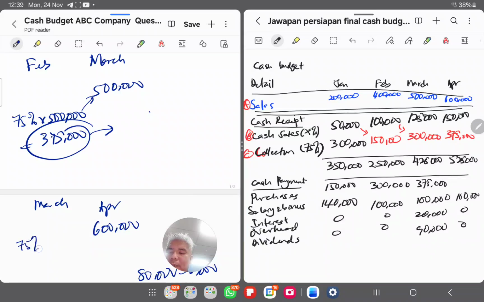Then you have to purchase 75% of 600,000, which is equal to 450,000. Then this 450,000 will be paid on April. Okay, so you have already completed the payments.